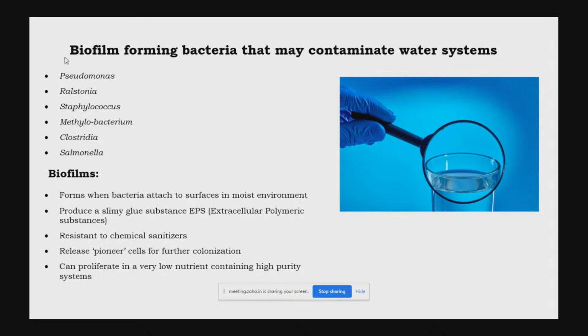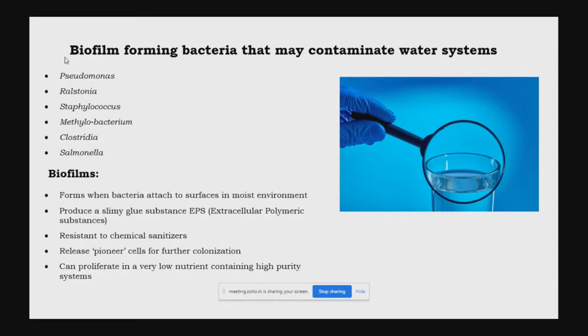So for consistency of the water quality, we need to monitor the water system on a daily basis. For example, a few microorganisms like Pseudomonas, Sphingomonas, Staphylococcus, Methylobacterium, Clostridia and Salmonella have the capability to generate biofilms.